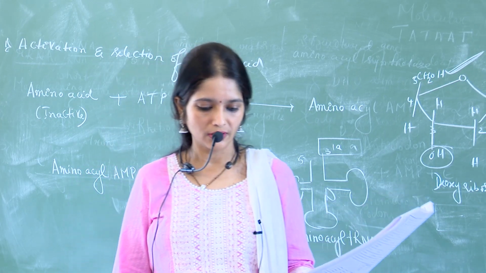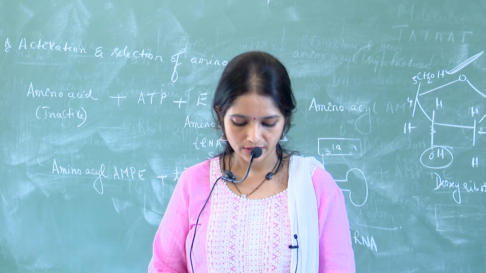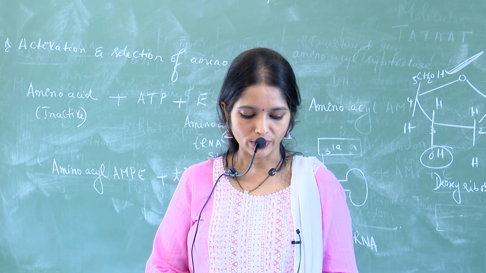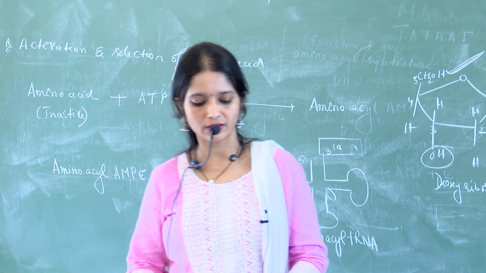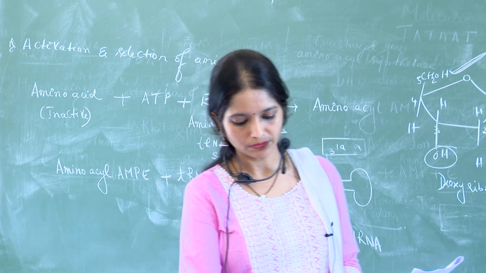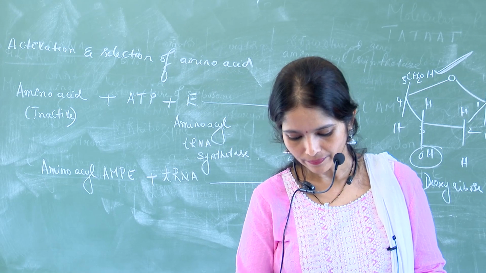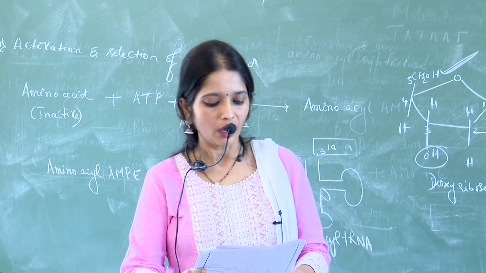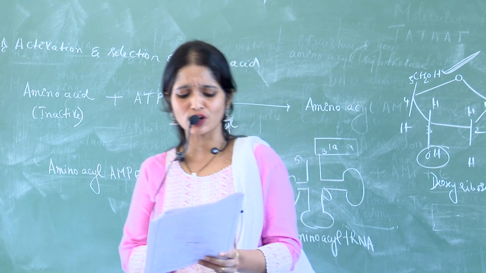Okay. So which is our next question? Refer to the given sequence of steps and select the correct option. This we have written, is it not? This is the central dogma.